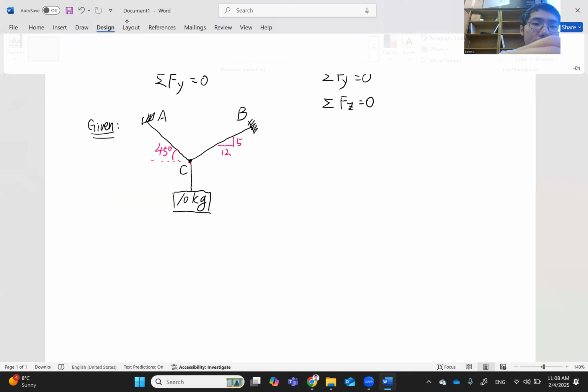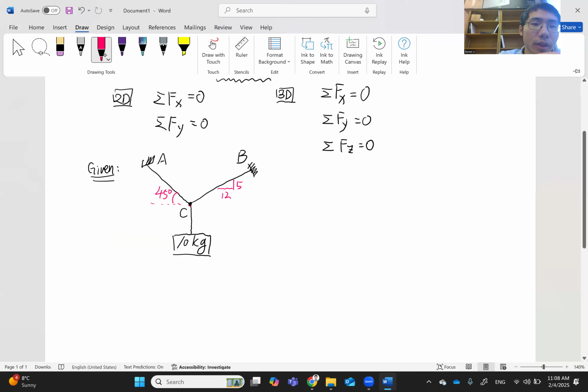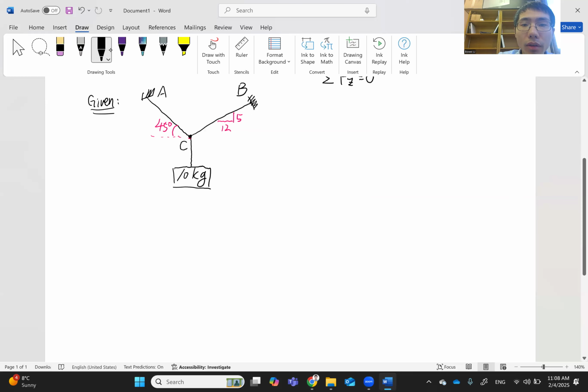Given this information, we are supposed to find the forces within the cables.